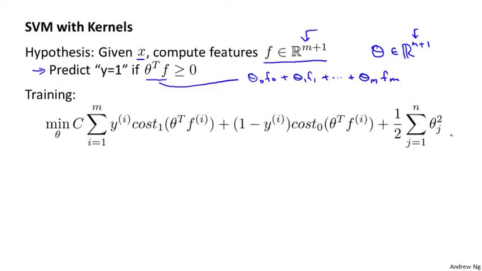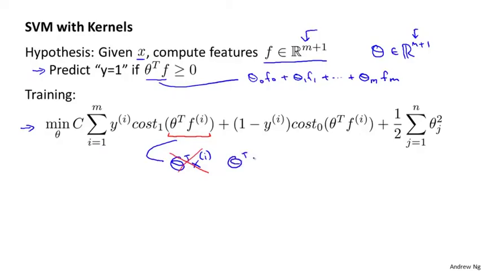How do you get the parameters theta? Well, you do that using the SVM learning algorithm. Specifically, you would solve this minimization problem. You minimize over parameters theta C times this cost function, which we had before. Only now, instead of making predictions using theta transpose xi, with our original features xi, we've taken the features xi and replaced them with the new features.